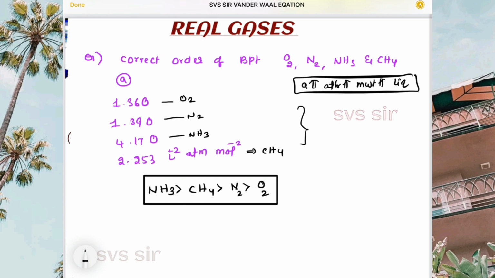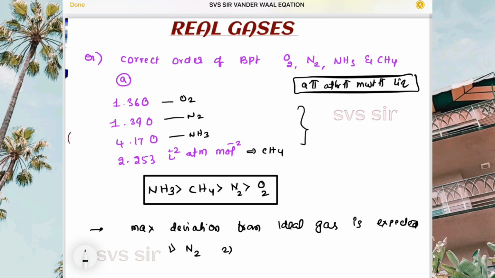Similarly, one question is there: maximum deviation from ideal gas is expected. The options are: first one is nitrogen, second one is methane, third one is ammonia, fourth one is hydrogen.